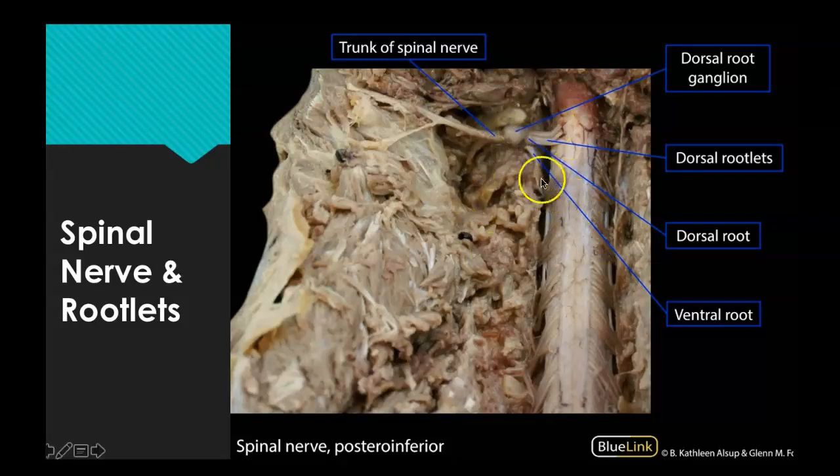If you look on the ventral surface of the spinal cord, we would see that there would be ventral rootlets that are difficult to see here in this view. Those ventral rootlets would come together to create your ventral root, and both of those structures contain motor neurons. Once the ventral root and the dorsal root come together, it creates your mixed spinal nerve. In this image, you can also see the dorsal ramus and the ventral ramus, but I don't believe we have any cadavers in the lab that we are able to see this in.